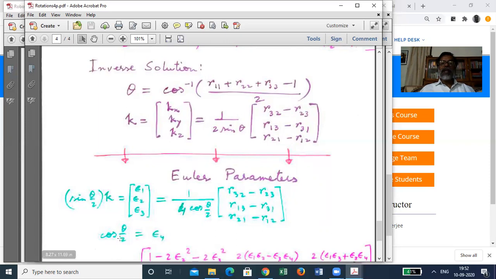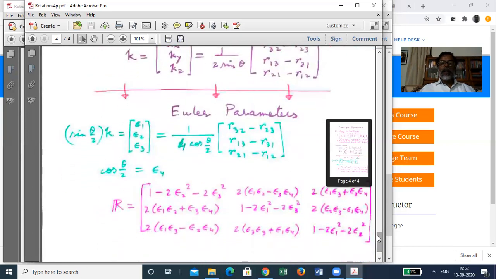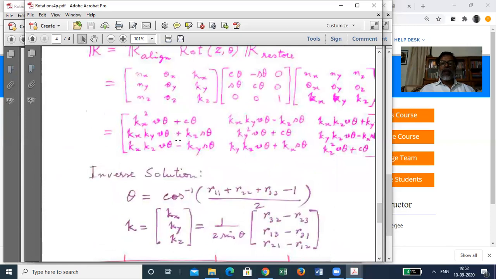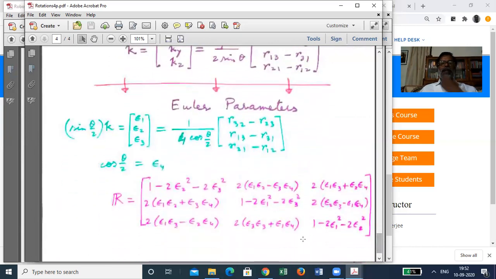Now, in terms of these half angle sines and cosines, the same expressions, when you put them in terms of half angles and therefore replace in terms of epsilon 1, epsilon 2, epsilon 3, epsilon 4, you will find that you get nice, beautiful, simple quadratic expressions for all the terms.